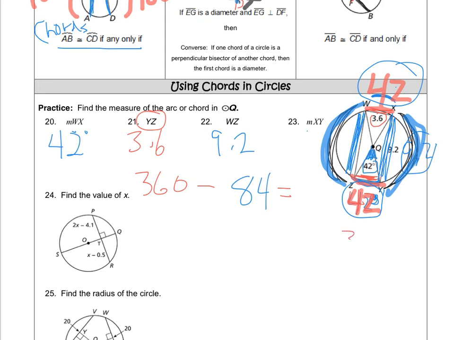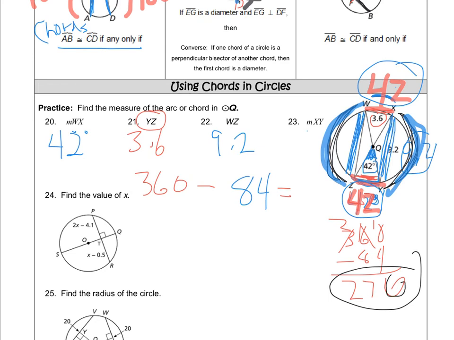I don't have my calculator, so 360 minus 84. Let's see, borrow, 10 minus 4 is 6, 15 minus 8 is 7, and I still have 2. So I have 276 degrees. That 276 is divided up between this arc and that arc.